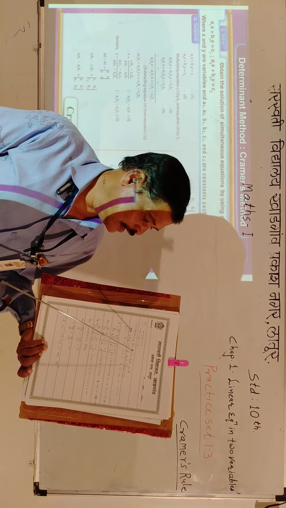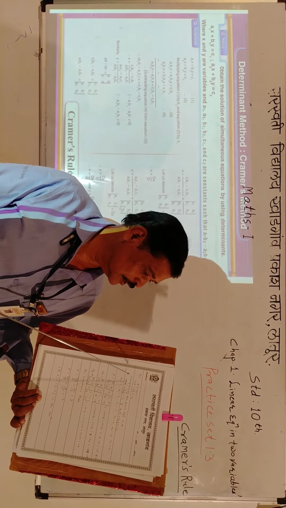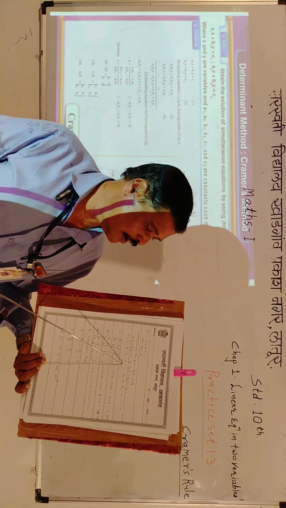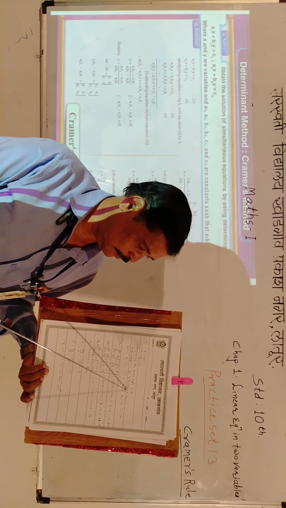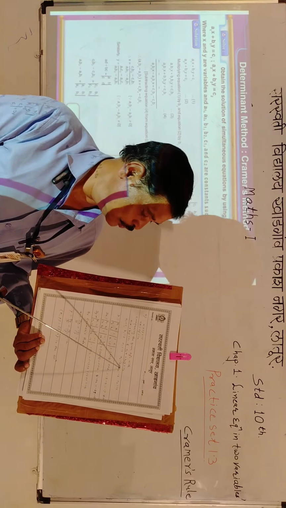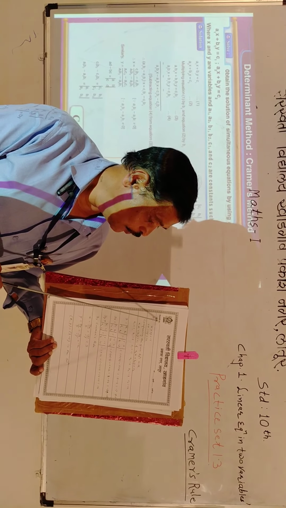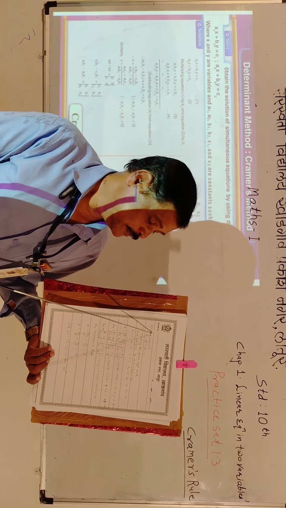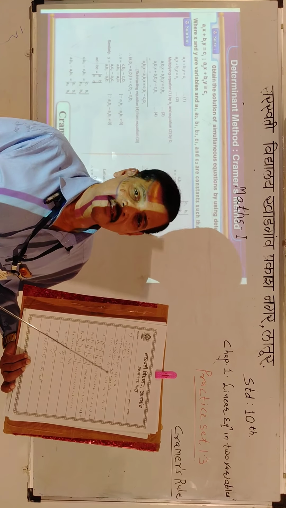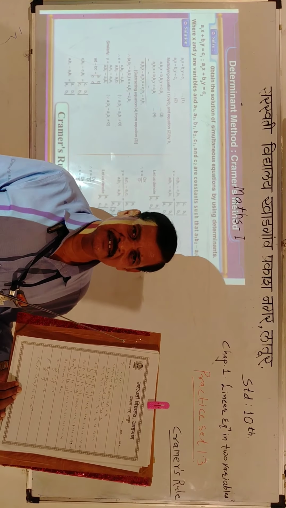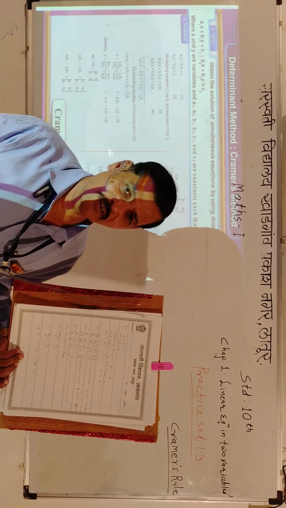Then comparing these given equations with a1x plus b1y is equal to c1 and a2x plus b2y is equal to c2, a1 is equal to, what is the coefficient of x in the first equation? If there is nothing written, then it is 1.